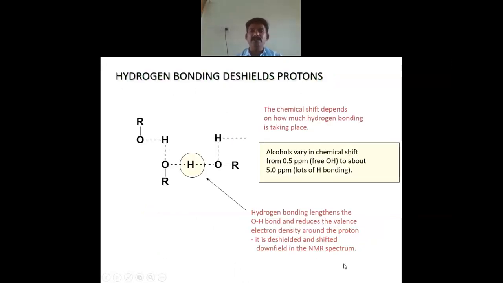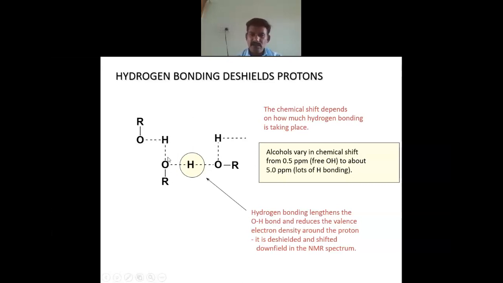Hydrogen bonding you already know from the intermediate level, that is ROH and ROH. It means the partially negative oxygen atom of one molecule and the partially positive hydrogen of another molecule form a partial bond between the two compounds.